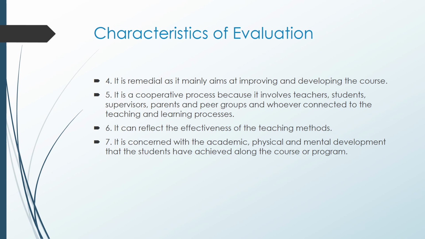You expect as a teacher that your students have achieved a certain development. For instance, they have widened the information that they have about English. They have developed their abilities in speaking, in listening, in writing. So here, throughout evaluation, you are measuring the mental development, the academic development that your students have achieved from the course.